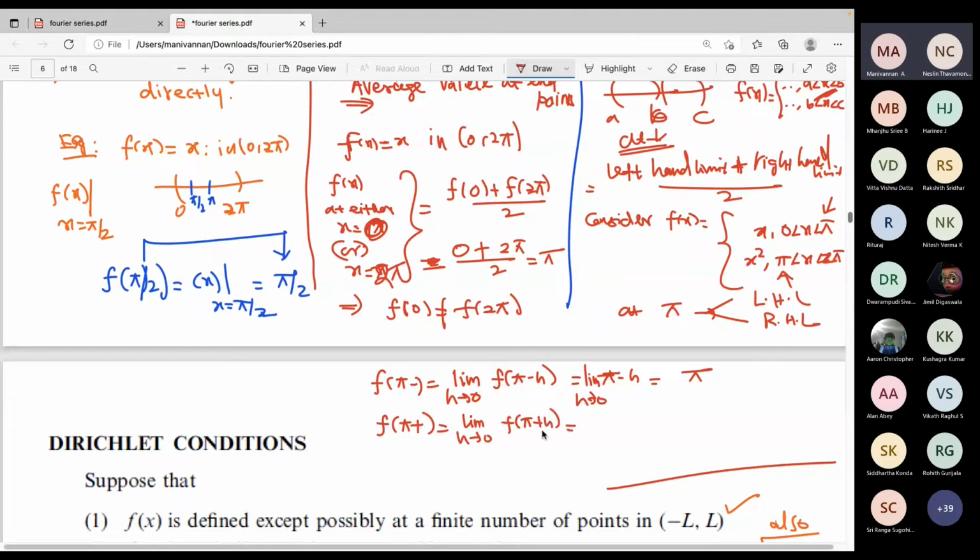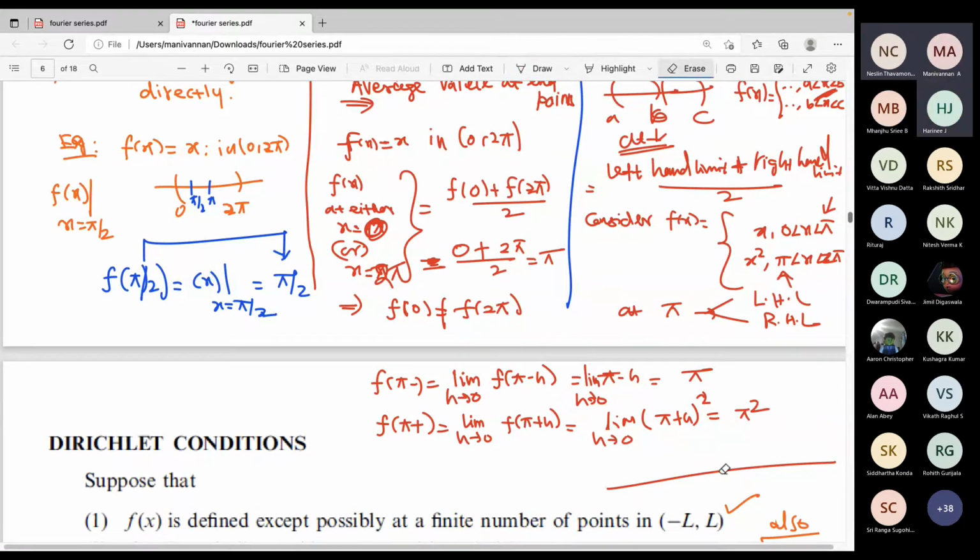Then f of pi plus is limit h tends to 0 of f of pi plus h. What about my function here? It is x square. So limit h tends to 0 of pi plus h whole square. Now if you expand, pi square plus 2 pi h plus h square, when h tends to 0 it will be pi square. Is it clear?